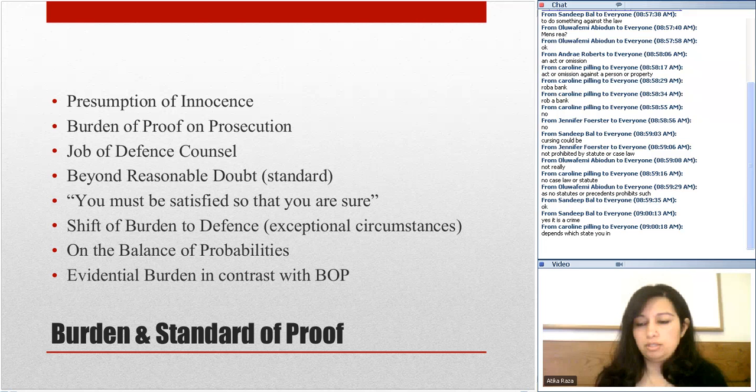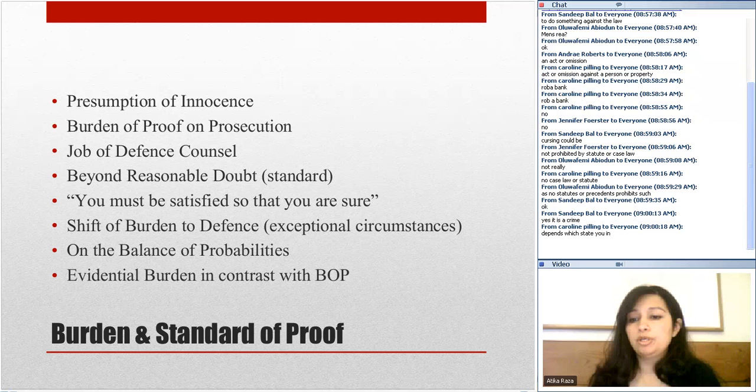The defense does not have to prove anything. It's the job of the defense counsel to undermine the prosecution's case and bring forward any defenses his client may have, so that his client can be acquitted. That's a defense counsel's job.